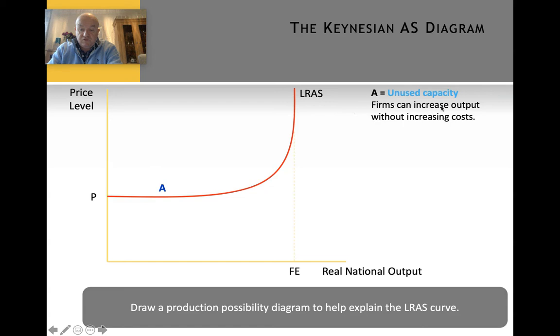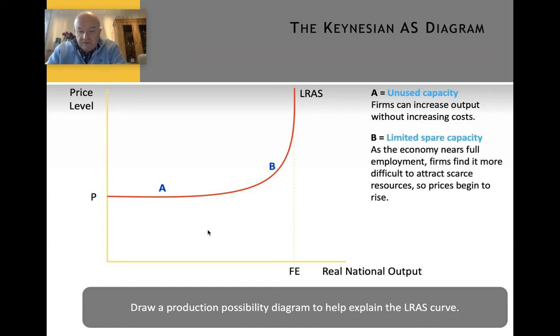So firms could increase output without increasing their costs in this instance, and there's reasons for that. One could argue that if you've got spare capacity, you're not going to need to increase wages. You're not necessarily going to need to buy new machinery. You've got effectively the opportunity to produce more at the same cost, as we'll see.